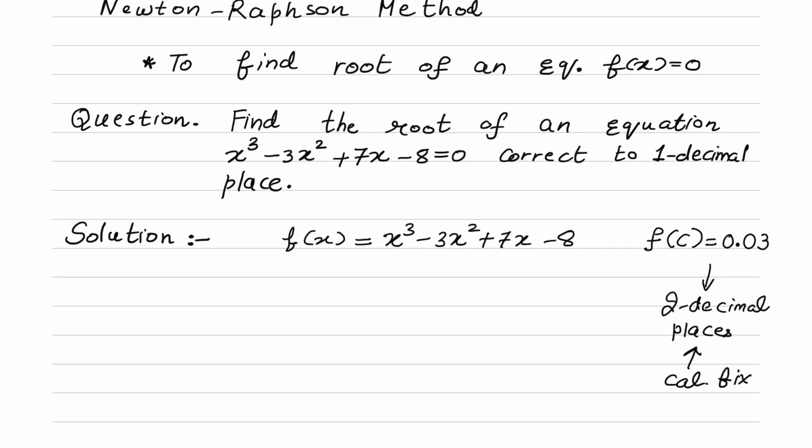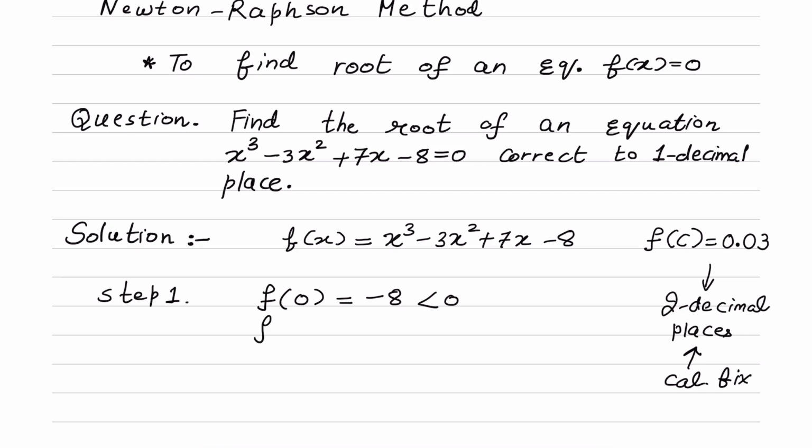Just like in the bisection method and false position method, step 1 here is the same, that we have to find the interval in which the root will lie. To find the interval, we'll start with finding f of 0, which is minus 8, which is less than 0.